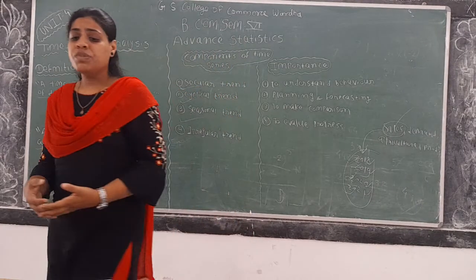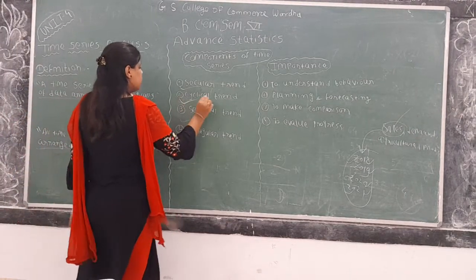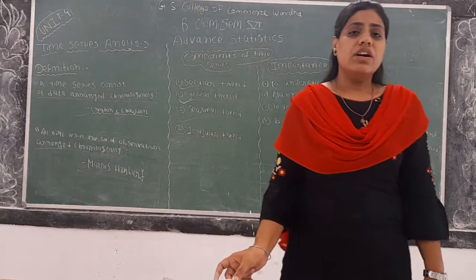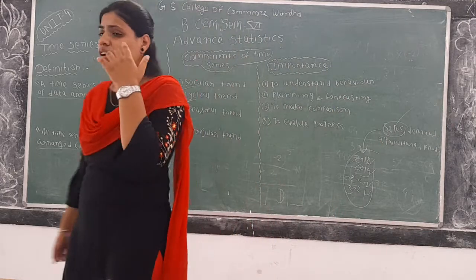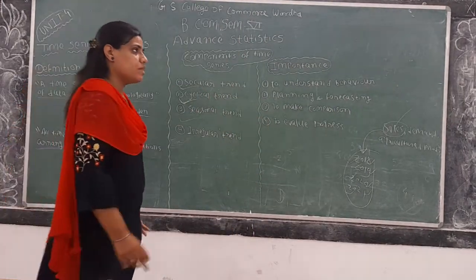So there are certain items which show the downward trend, and it can be analyzed with the help of this secular trend. Okay, after that, another component that we have over here is cyclical trend. So what is basically the cyclical trend? You must have heard about the business cycle, being a student of economics. What is business cycle?